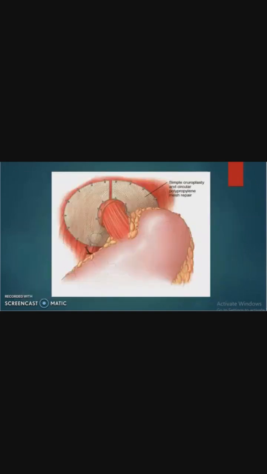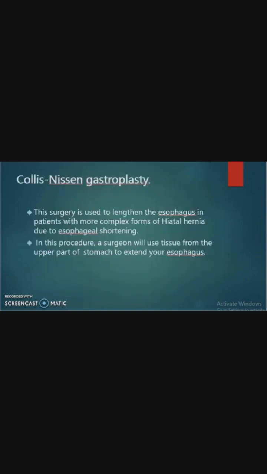In this picture, you can see the mesh being used to tighten the hole. Then another surgical management is Nissen gastroplasty surgery. This surgery is used to lengthen the esophagus in patients with a more complex form of hiatal hernia due to esophageal shortening.